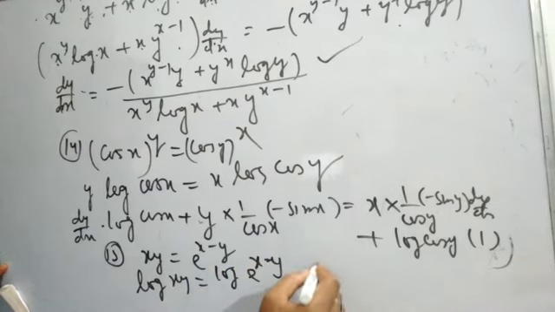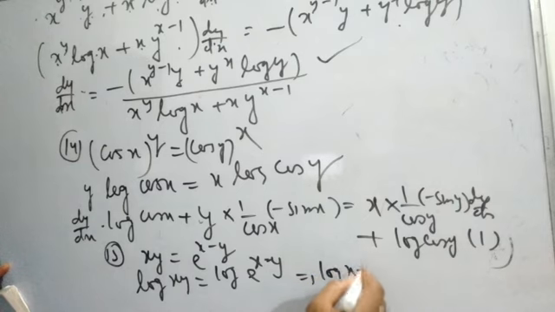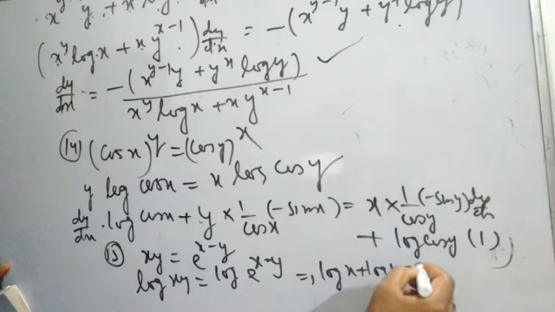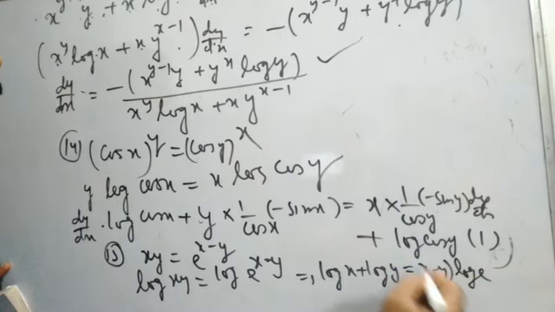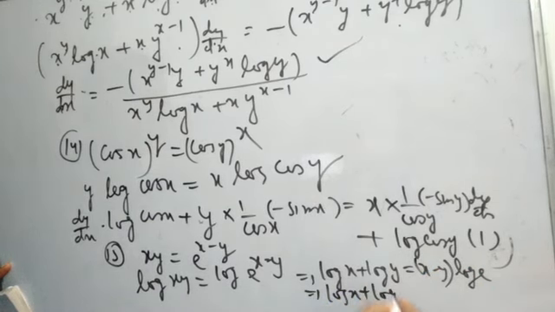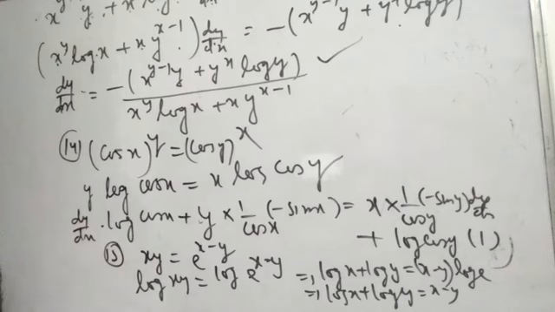So log xy is log x plus log y, is equal to x minus y into log e. We know the log e value is 1, so log x plus log y is equal to x minus y. As log e value is 1, you can find the answer easily.